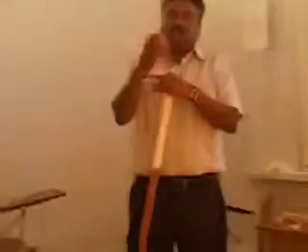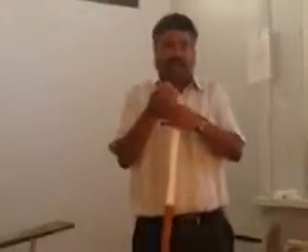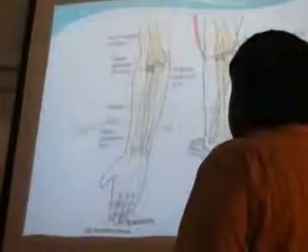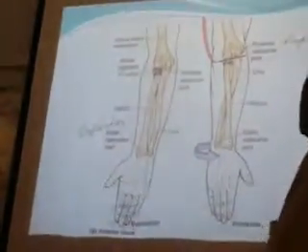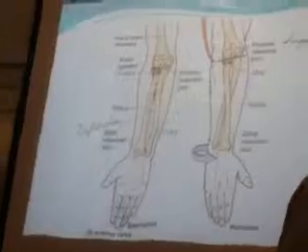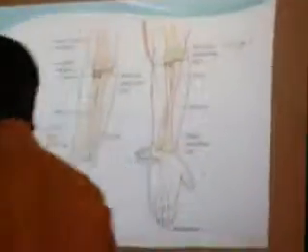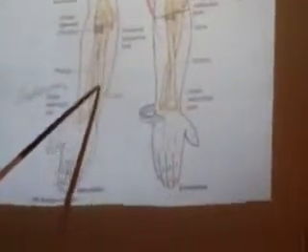The blood supply is the same: anastomosis around the wrist joint, between the carpal branches of the radial and ulnar arteries. This is the movement. See here, in pronation and supination movement, the ulna is fixed.